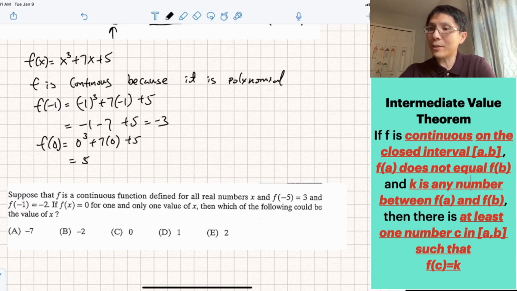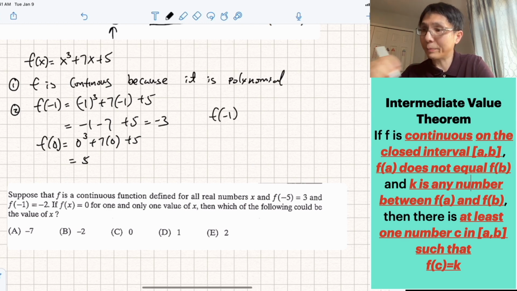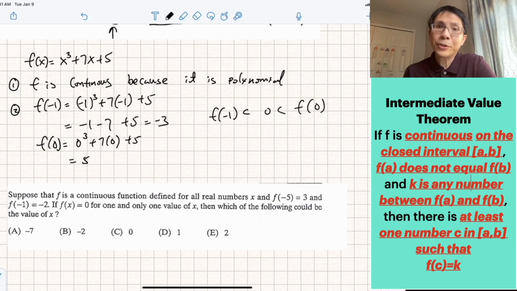And this is all the proof. This is the first condition, and this is the second condition, and 0 is between them, right? So f of -1 is less than 0, less than f of 0. And that's true, so therefore it must have a solution.